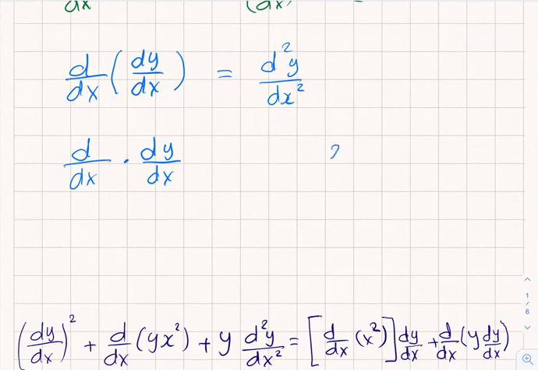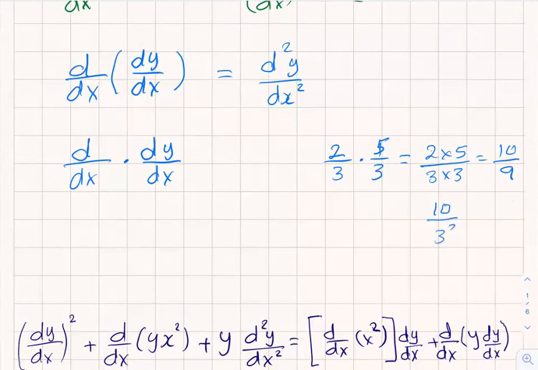If I have 2 over 3 times 5 over 3, the answer is going to be 2 times 5 divided by 3 times 3, which is 10 over 9, or 10 over 3 squared.